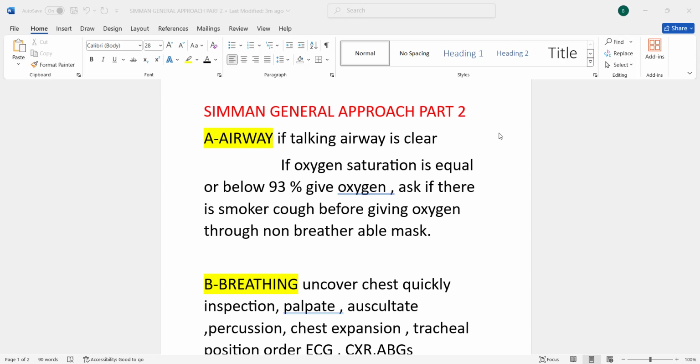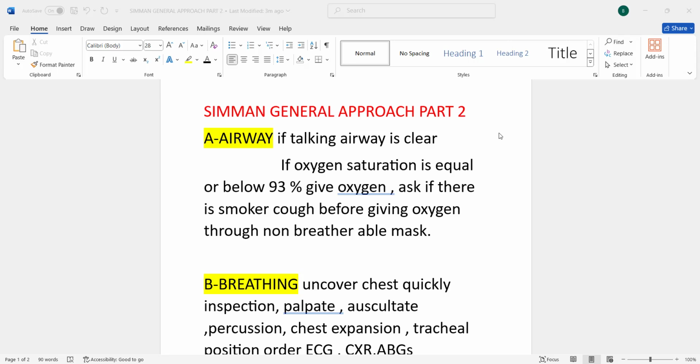But before giving oxygen, you have to ask about COPD or smoker's cough. If the patient has COPD or smoker's cough, then you will have to give oxygen via a different mask, not a non-rebreather mask. If the patient doesn't have any COPD or smoker's cough, then you can give 100% oxygen via a non-rebreather mask.